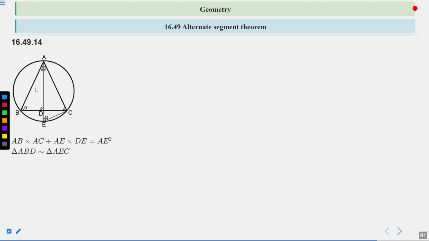Now the triangle ABD is similar to triangle AEC, and then AD upon AC equals AB upon AE. When we cross multiply, we can write AB into AC equals AD into AE. Next one.